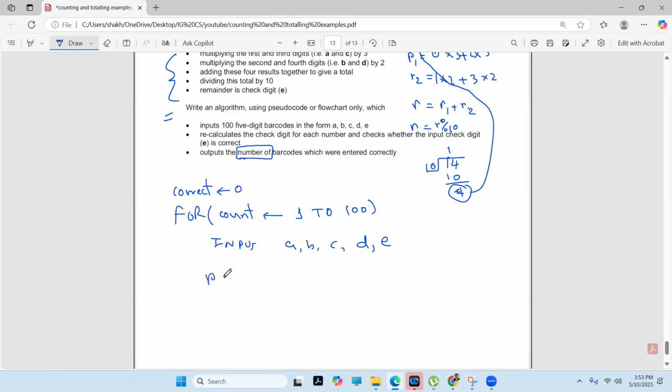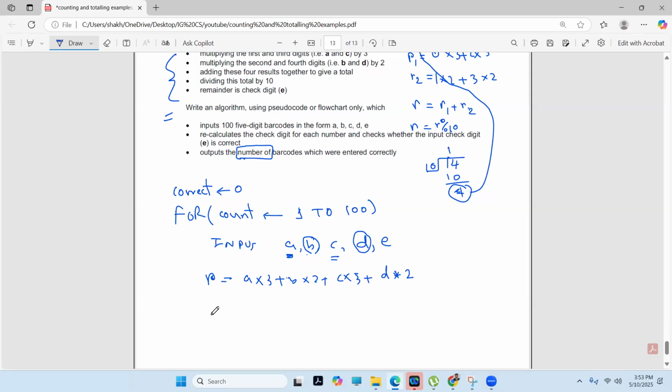Now our result is what? We are doing it directly. The first and third digit will be multiplied by 3, and the second and fourth digit multiplied by 2. So B multiplied by 2, C multiplied by 3, and D multiplied by 2.